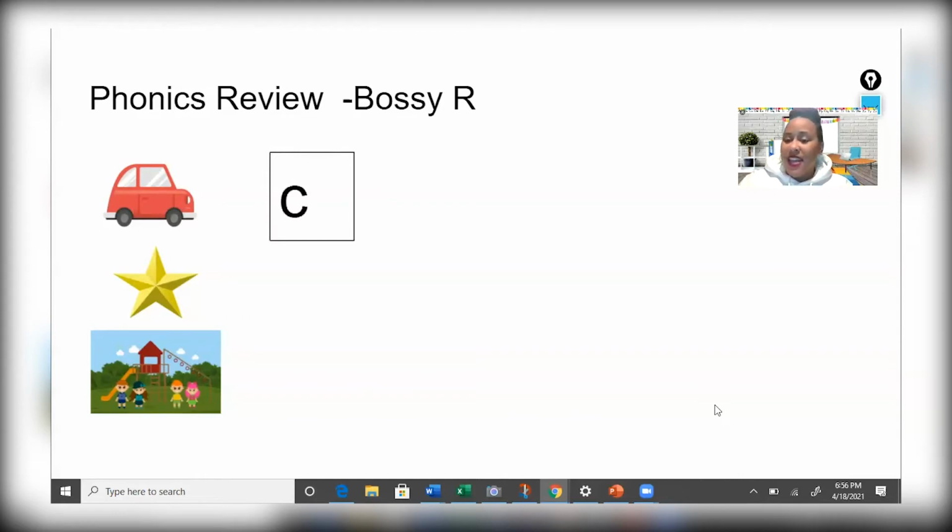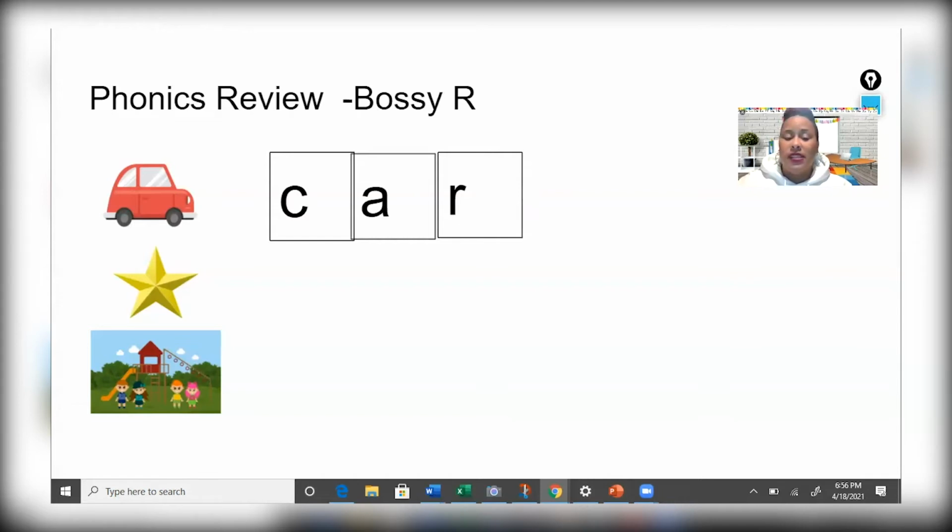Yes, C is making a k sound. What about the R? Do you remember which two letters we said make the R sound? Yes, AR makes a R. So we can spell the word car with C-A-R. Car.